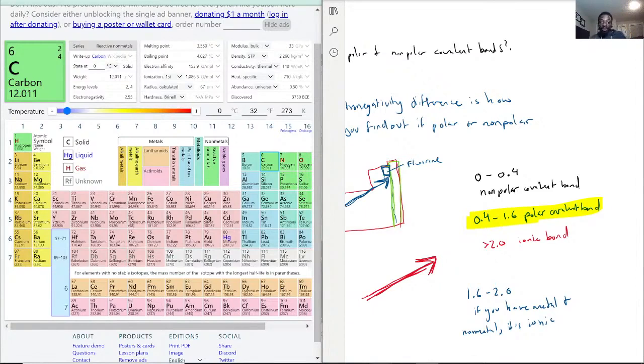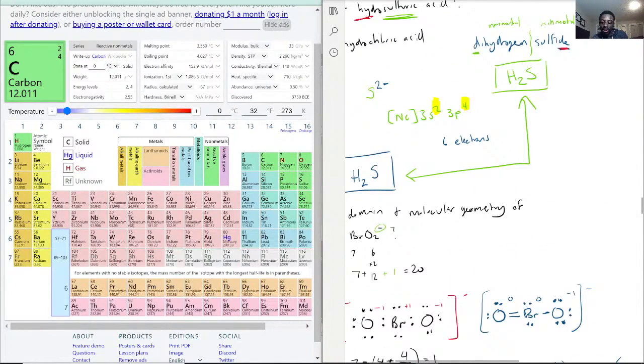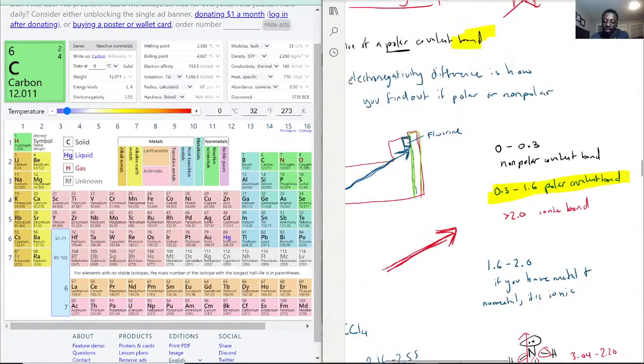But I know for a fact, based on my previous knowledge, that the hydrocarbon bond is known to be non-polar. So I'm going to fix it here as well, just to keep things consistent for future notes. And yeah, now we know.